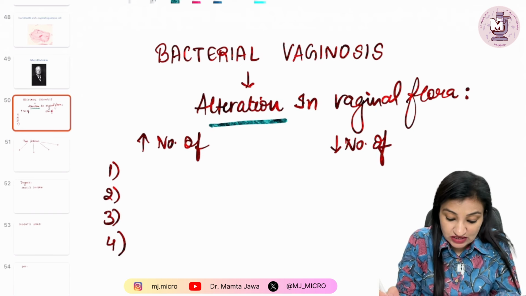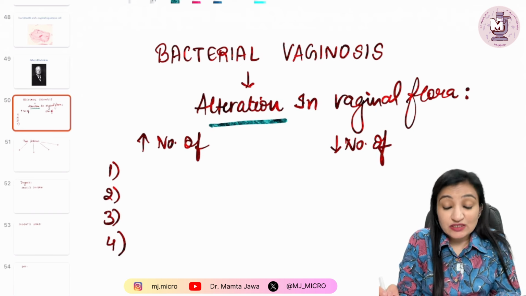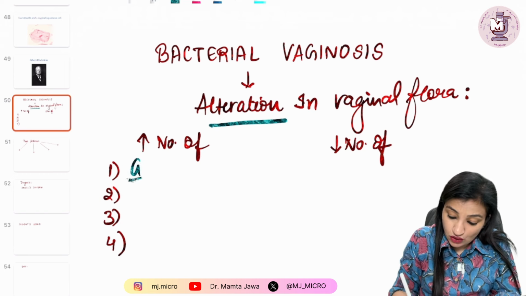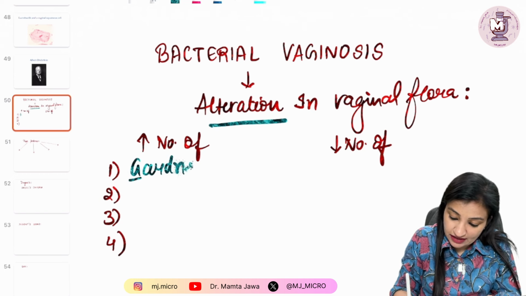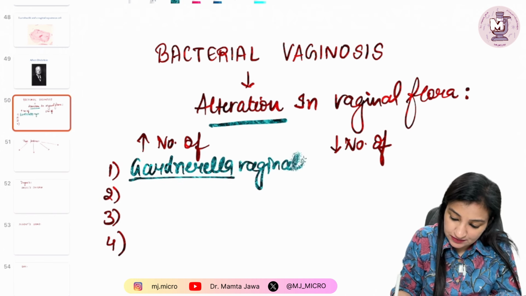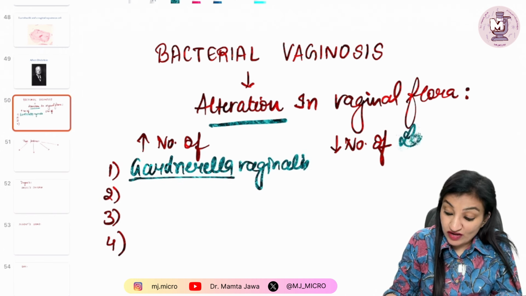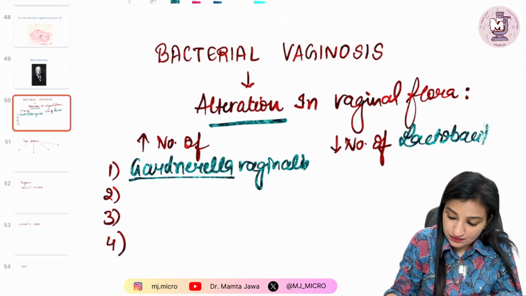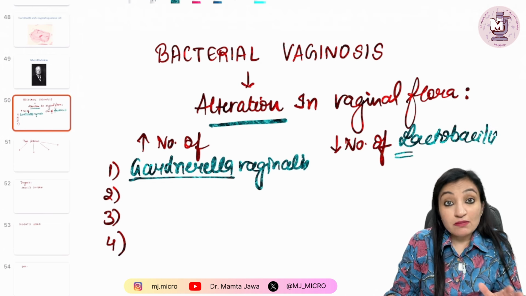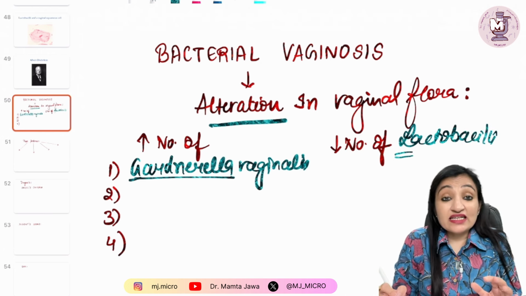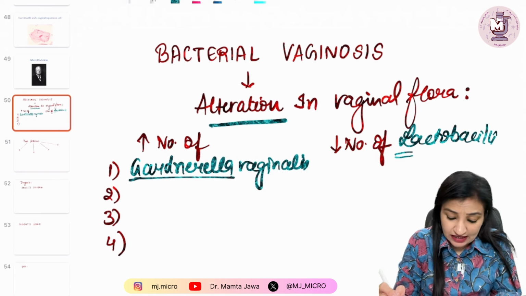This condition is characterized by an increase in the number of organisms like Gardnerella vaginalis. There's a decreased number of lactobacilli in this condition. So lactobacilli become less, and there's an increase in the number of most commonly Gardnerella vaginalis.